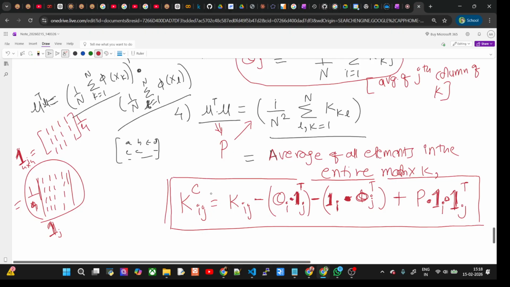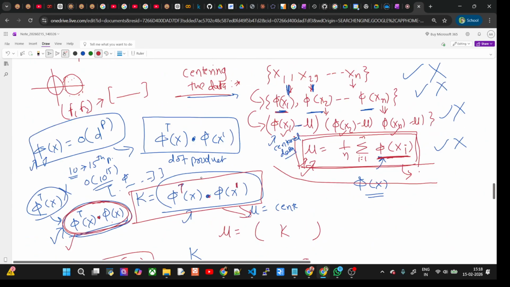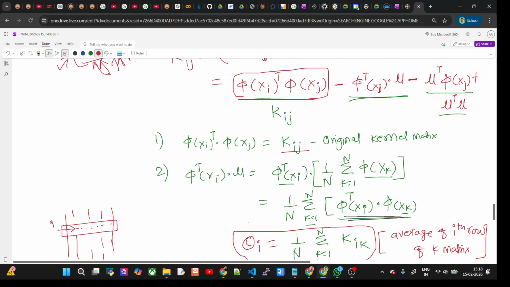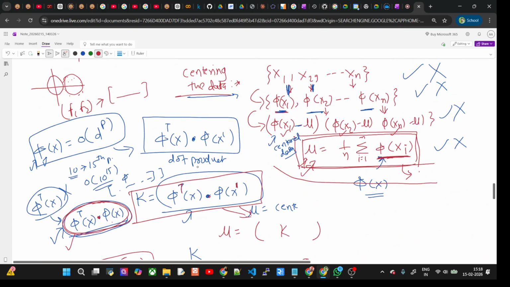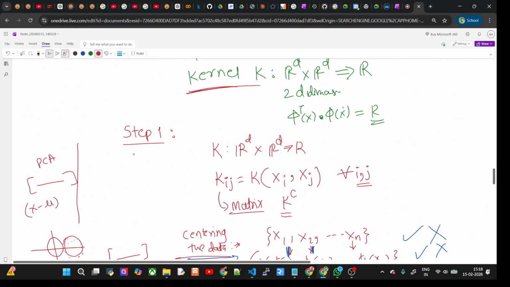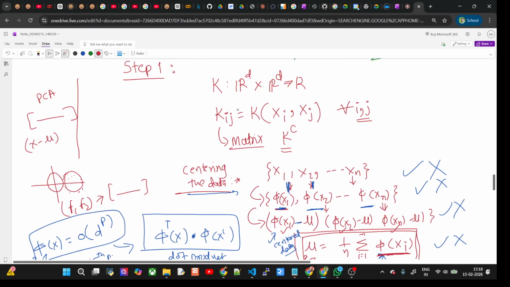So you can use this centering of the kernel. The first step when we started writing the algorithm, step 1, you get the input and you calculate the matrix K. K matrix is your kernel matrix; you got the formulas and then you have to calculate the kernel matrix.